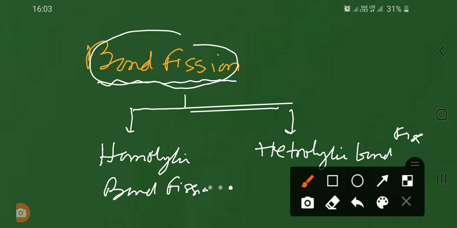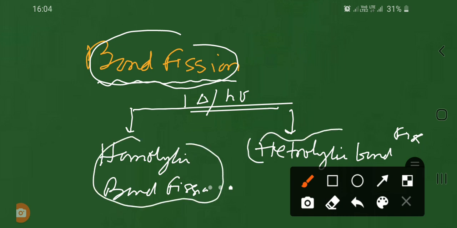The bond fission is carried out by applying thermal energy or light energy, that is H nu, one quanta of light or one photon of light. Now we'll understand what homolytic and heterolytic bond fission are.